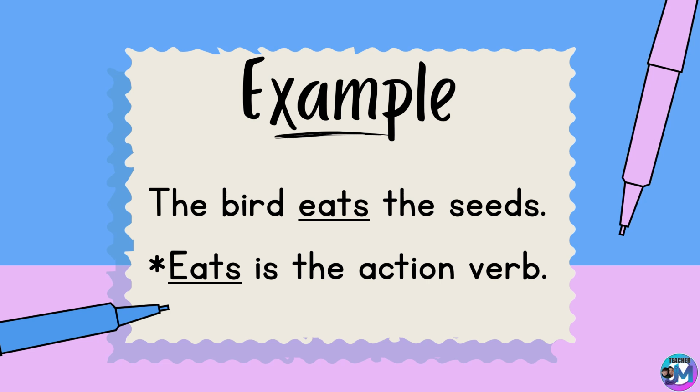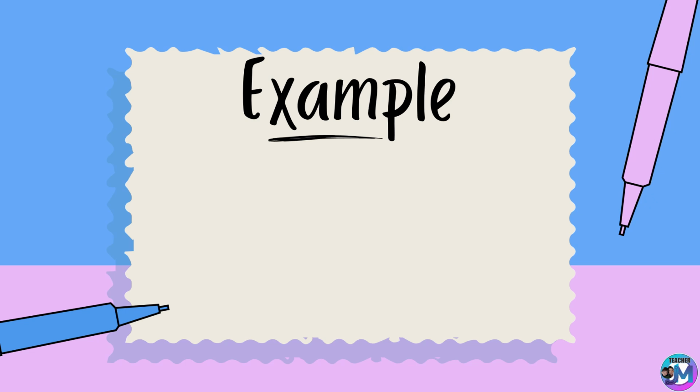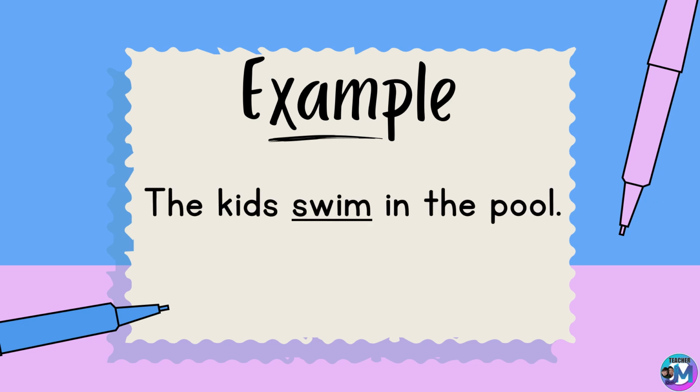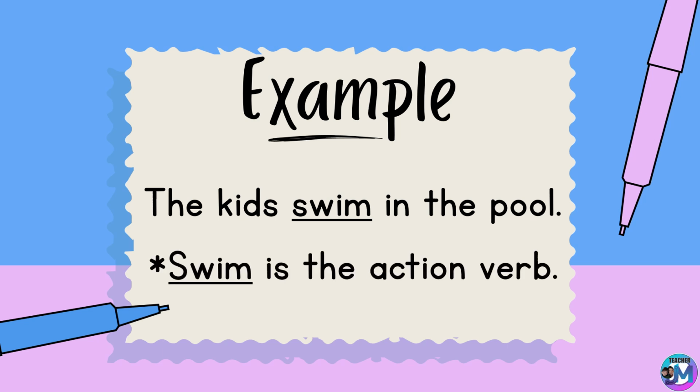The underlined word eats is the action verb. And for our last example, let's read the sentence. The kids swim in the pool. The underlined word swim is the action verb.